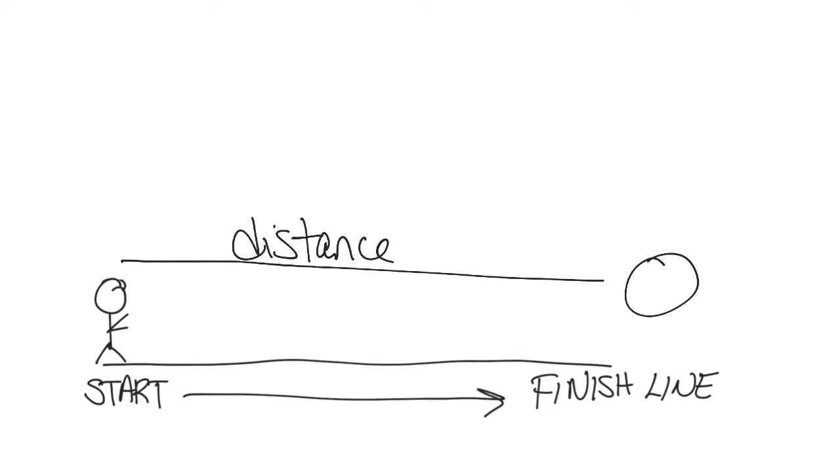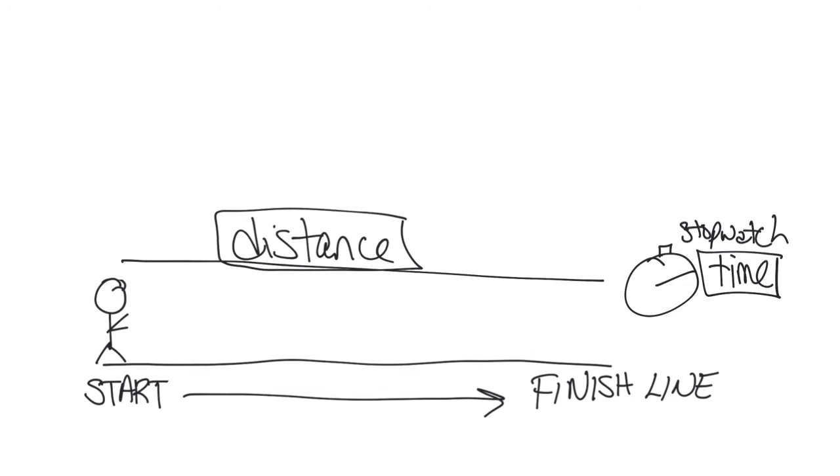And someone here has a stopwatch, and they can time them, right? So apparently this is an analog stopwatch. Very old-fashioned. So with a stopwatch, you're going to measure time. So we have a distance and a time.